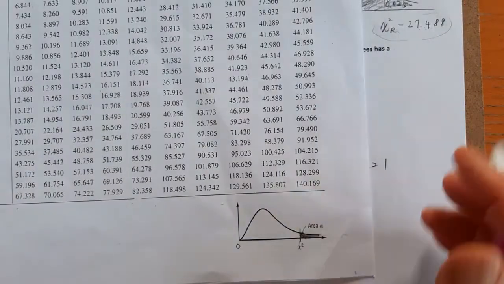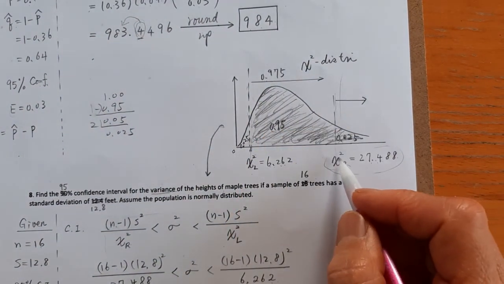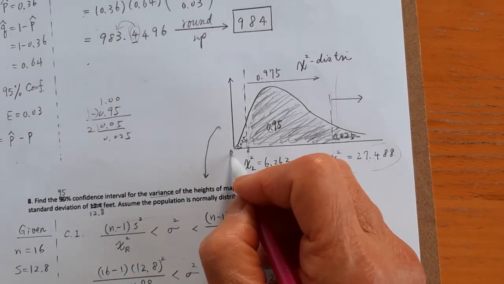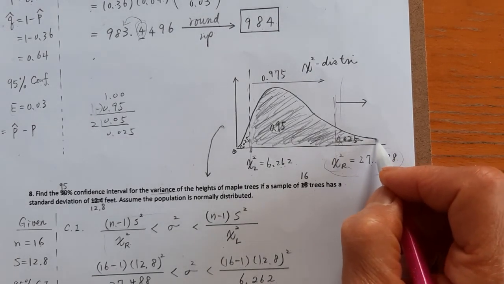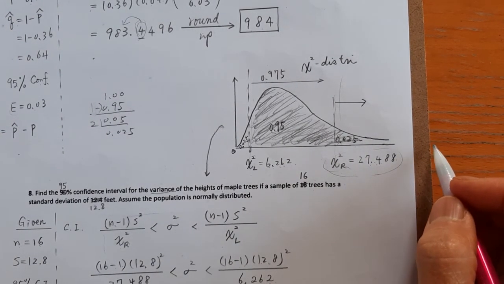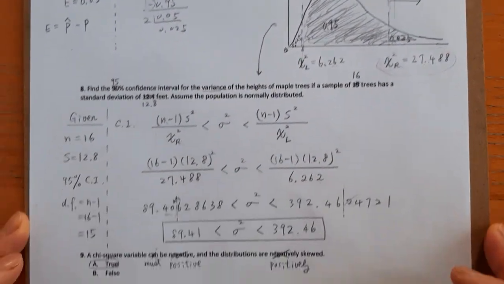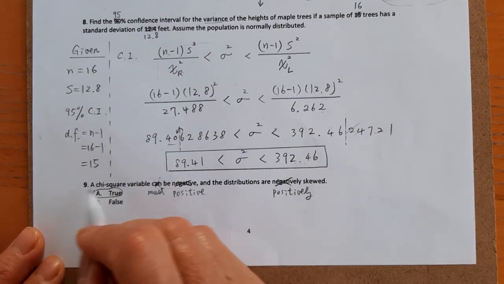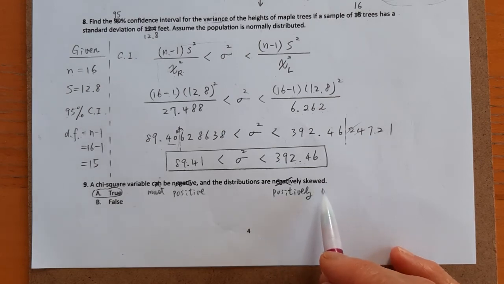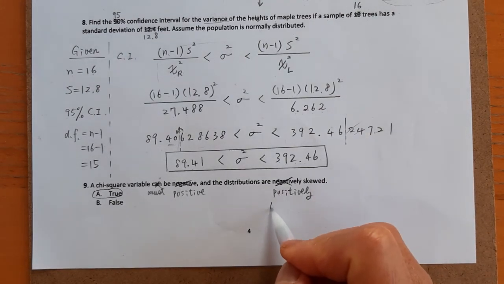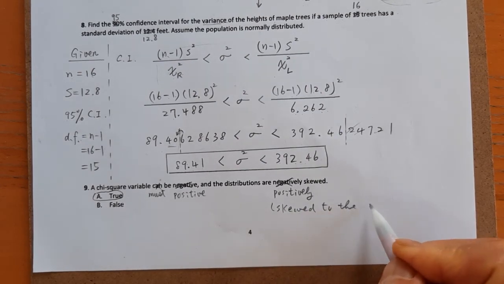A chi-square variable needs to be positive because a square is positive. So it's positive and skewed to the right. So this is true: must be positive and positively skewed. Positively skewed means skewed to the right.